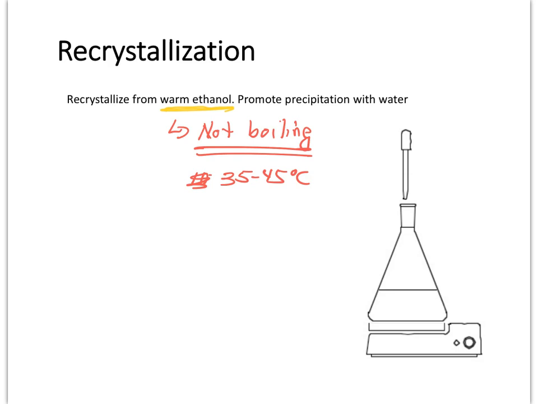You should be able to touch it. It should not be too warm to touch. We do not want it boiling. Okay? You want it warmed on a hot plate to 35 to 45 degrees Celsius.